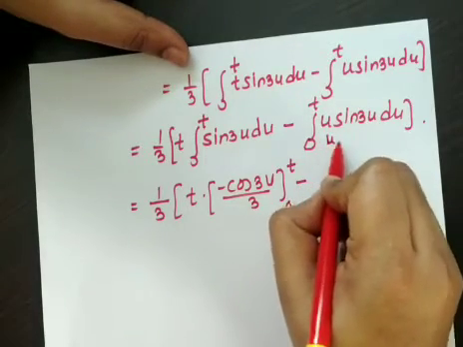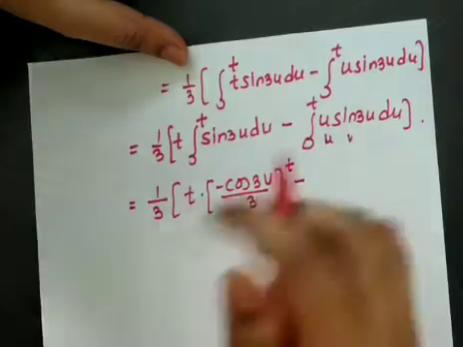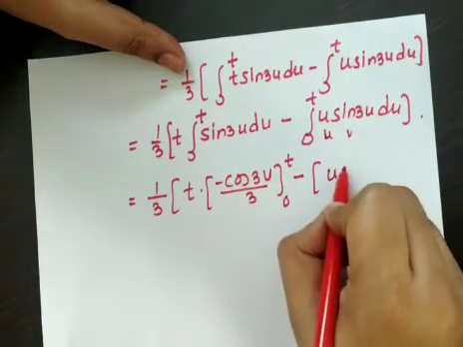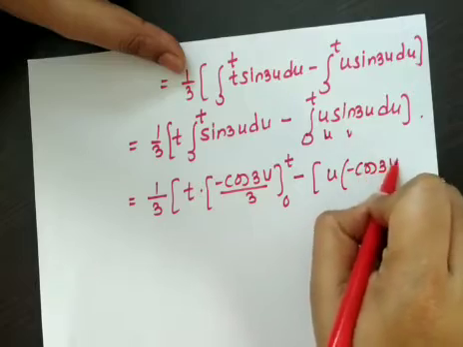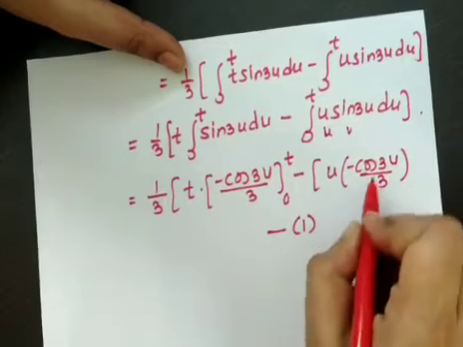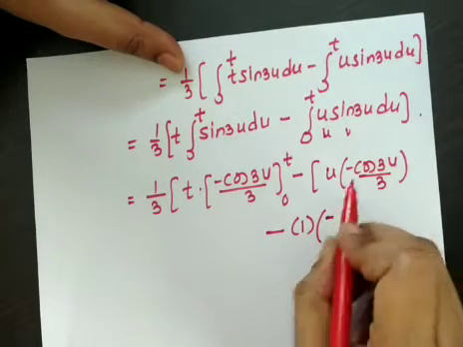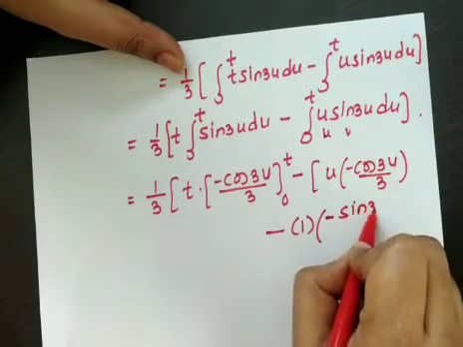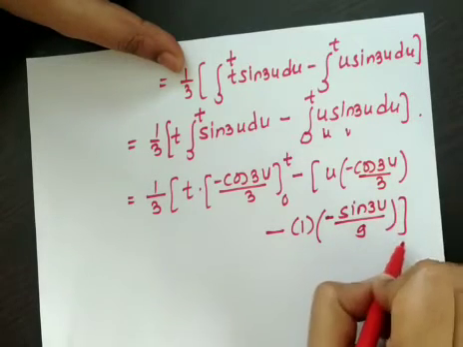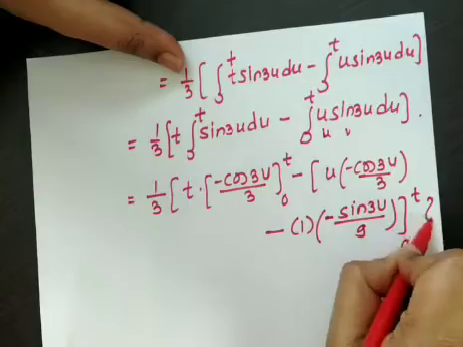So this is your u and this is your v: u times integration of v, that is minus cos 3u upon 3, minus derivative of u, that is 1, integration of cos is as it is, sin 3u upon 3 into 3, 9, from 0 to t.